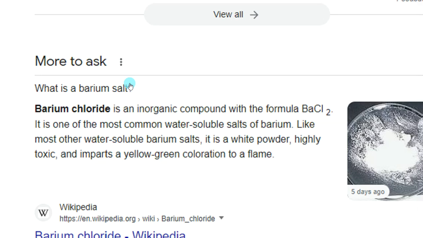It is a white powder, highly toxic, and imparts a yellow-green coloration to a flame. If you can see a yellowish or green color in a flame, that indicates barium, or barium chloride.